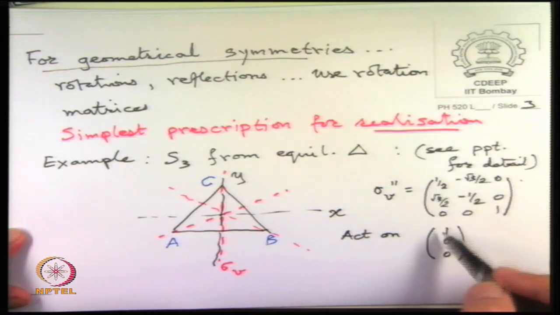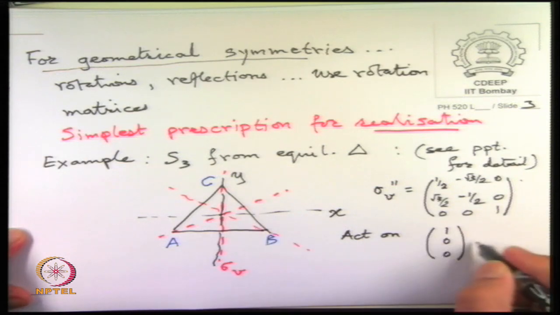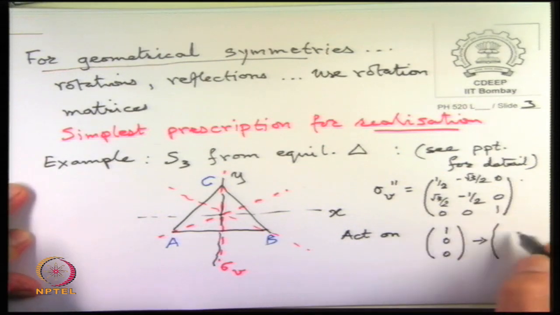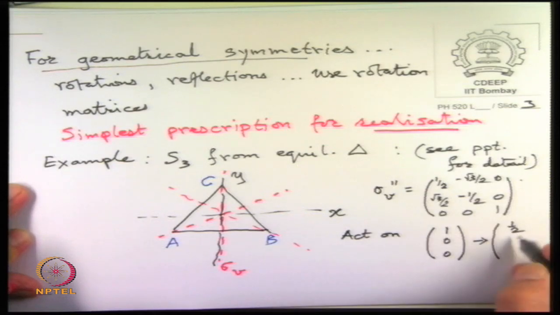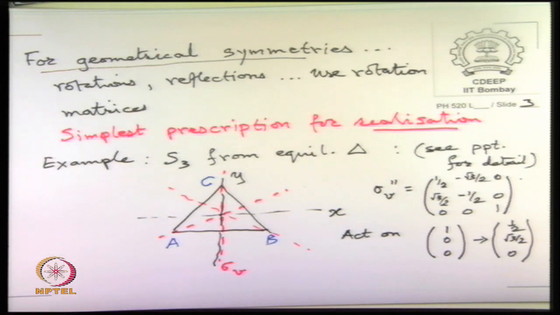It sends 1 to plus half, right? This row into this column will produce a half, and then this row into this column will produce plus square root 3 by 2 and 0. So it will send it into this direction. That doesn't tell us. So we have to study both x and y.